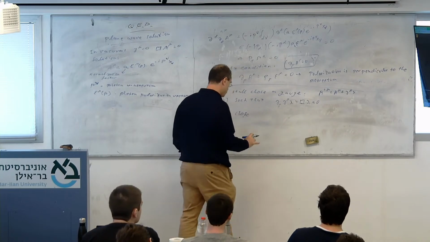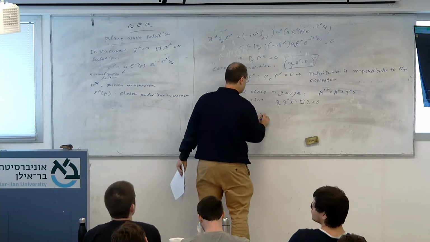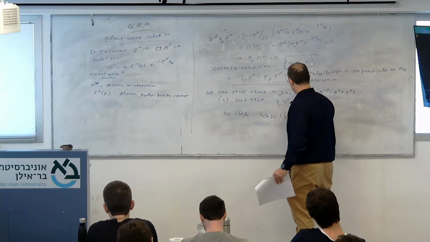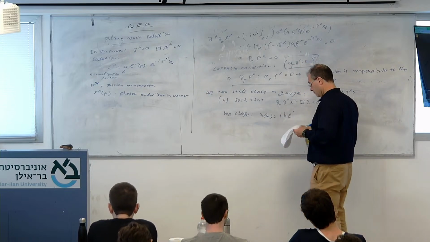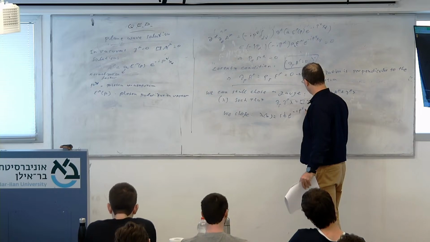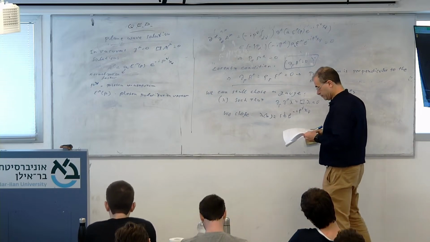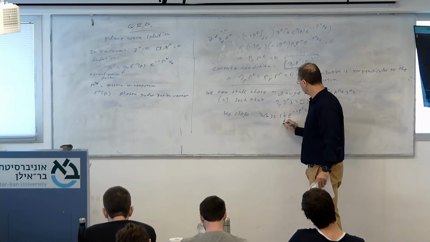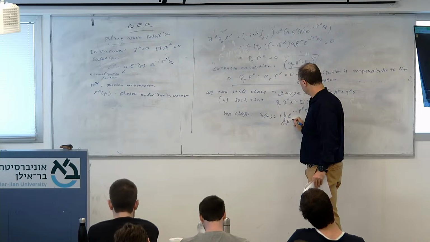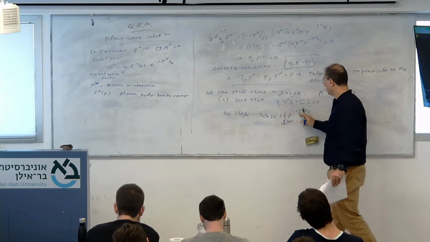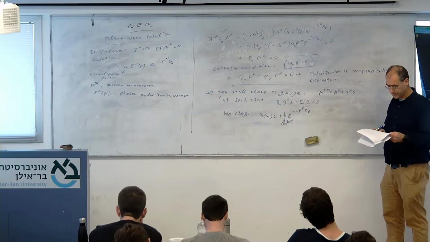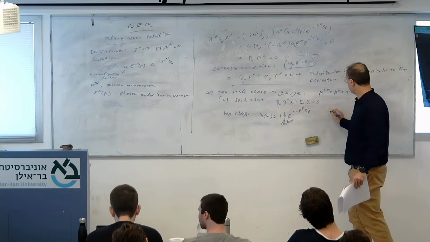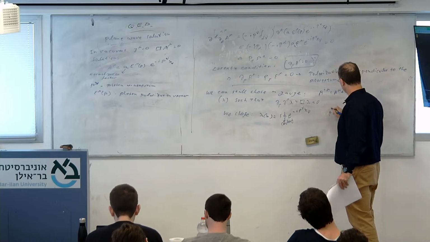I choose lambda of x equal to i b e to the minus i p nu x nu, and b is some constant. p nu is the photon four-momentum, which satisfies, of course, p squared equal to 0.